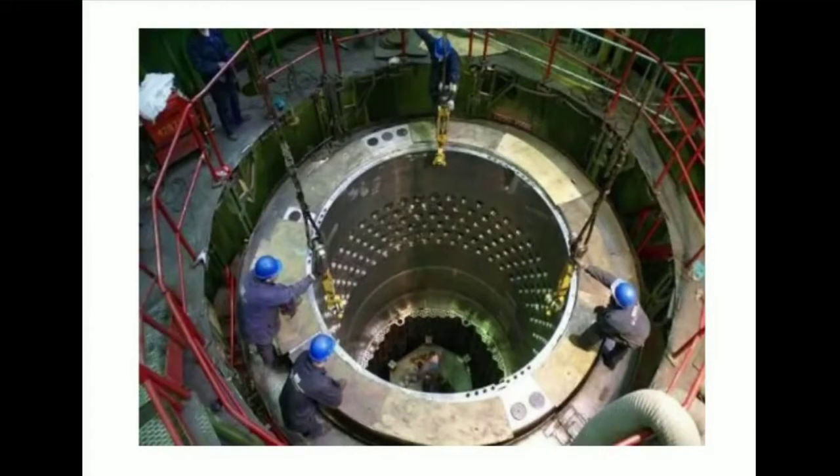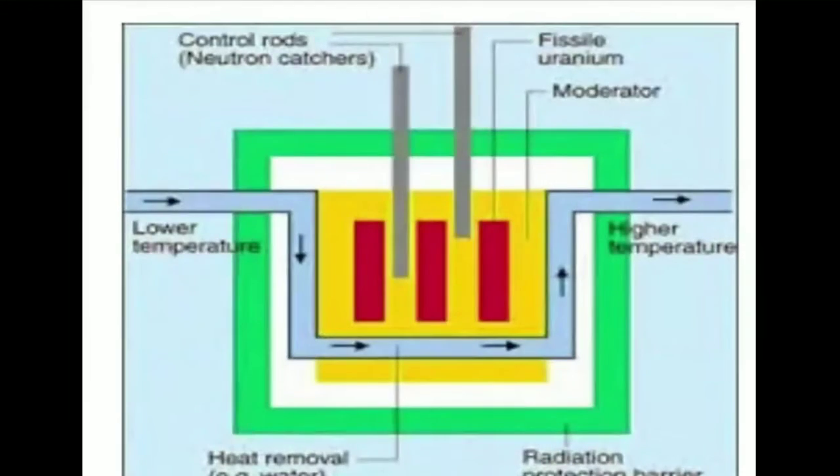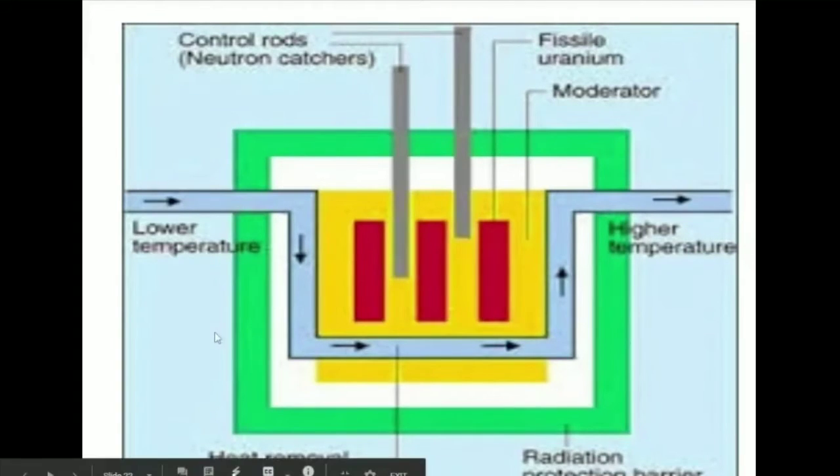This is the structure of a nuclear reactor vessel. There will be shielding at the outermost portion. Then inside, this red colored part is the nuclear fuel.